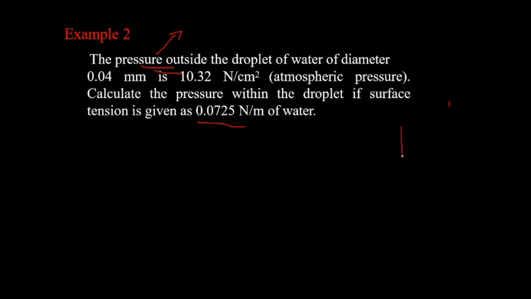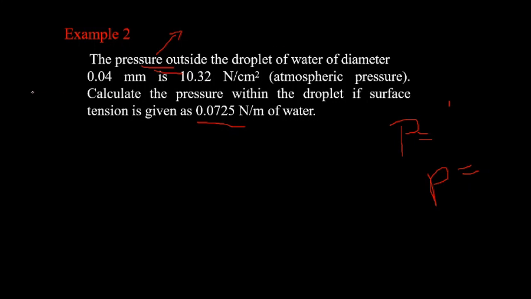They have given the pressure which is outside, so the pressure inside the droplet is in excess of the outside pressure. So some trick is there. We have to find P, but the pressure value given here is the pressure from the outside.